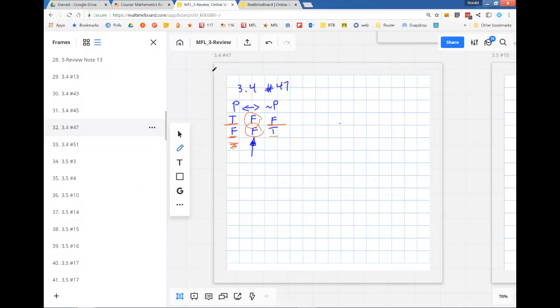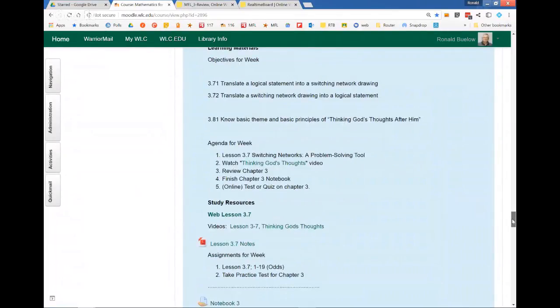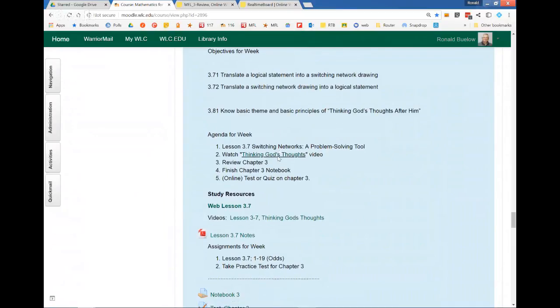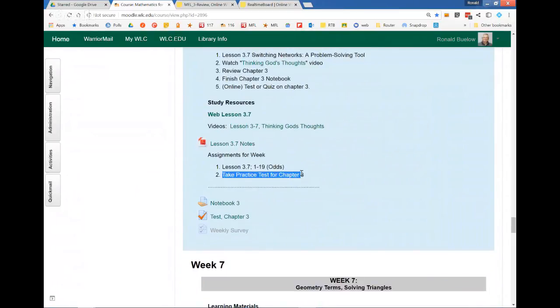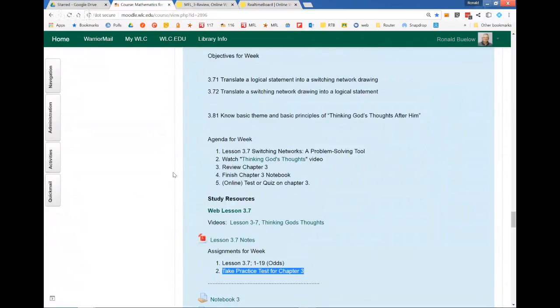Rachel, we were looking at the week 6 schedule, which we're currently on. If you're on schedule, you really only had one lesson this week, 3.7. And there's the video you need to watch called Thinking God's Thoughts. And then there's that one assignment, and then you're supposed to spend time working on that practice test for chapter 3. Yes, and I'm partially done with that. Awesome. So you can ask questions wherever it's kind of wide open. Anywhere you'd like.